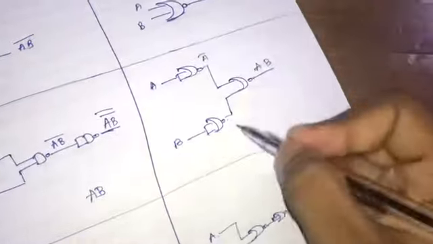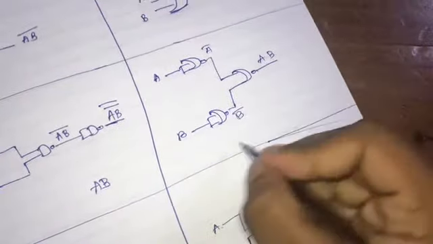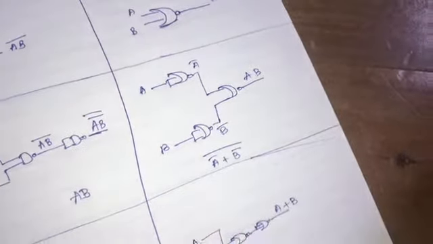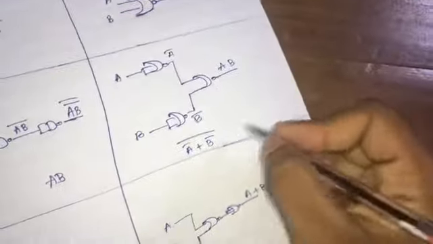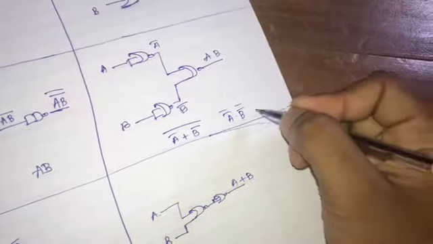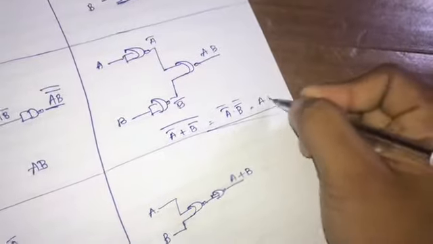This becomes A bar, this becomes B bar, right? So it's A bar and B bar. When you send it through this, it becomes there. Okay, so when you remove the big bar, it becomes A bar bar dot B bar bar, which means AB, right?